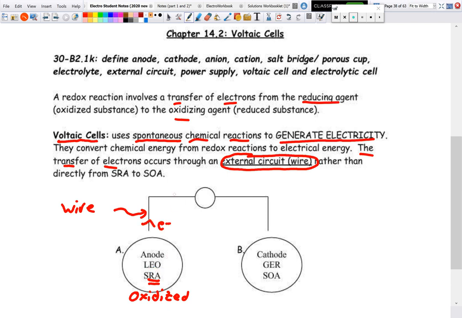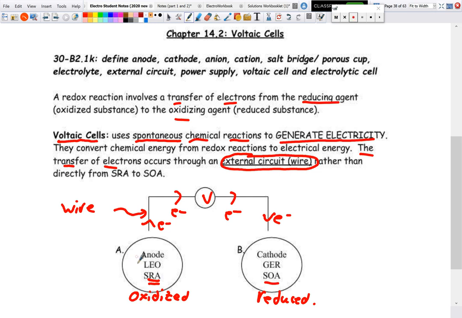So our electrons are able to leave, go through this wire, and go to our strongest oxidizing agent, which is reduced. And it's all connected by a wire. Now we can measure the potential difference, we can measure the current, but the main thing is that our strongest reducing agent is still being oxidized, and the electrons are still going over to the strongest oxidizing agent and still being reduced.